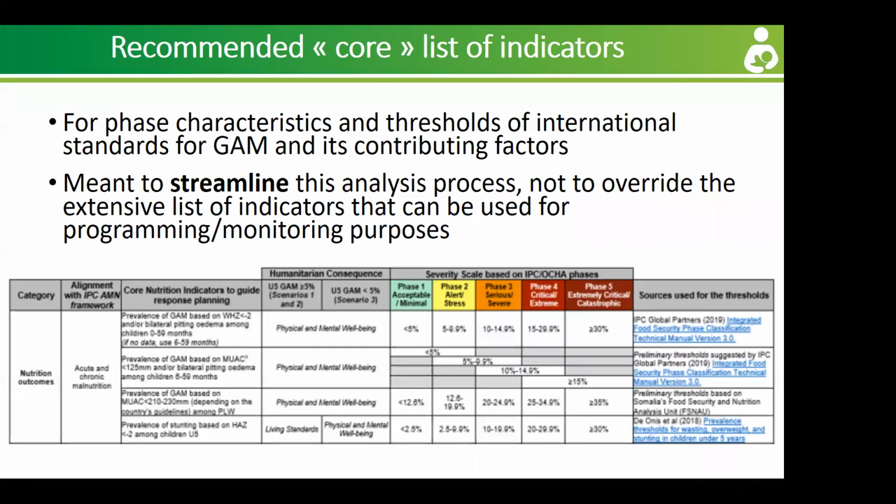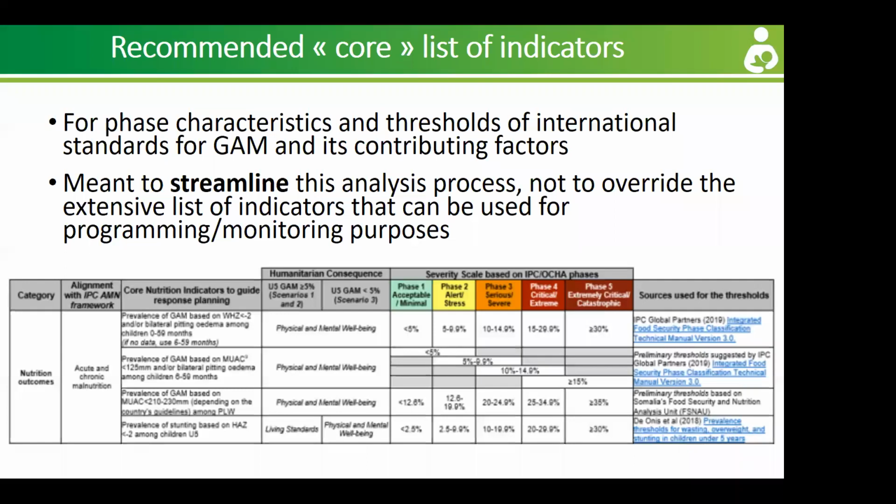So here, as you can see, depending on the scenario, whether we're in a scenario where we have higher levels of GAM for children under 5 or less, the prevalence of stunting would fall into different humanitarian consequences. It would be much clearer in the guidance why this difference, but it's just to show that we're really trying to streamline as much as possible, even down to the humanitarian consequence level.